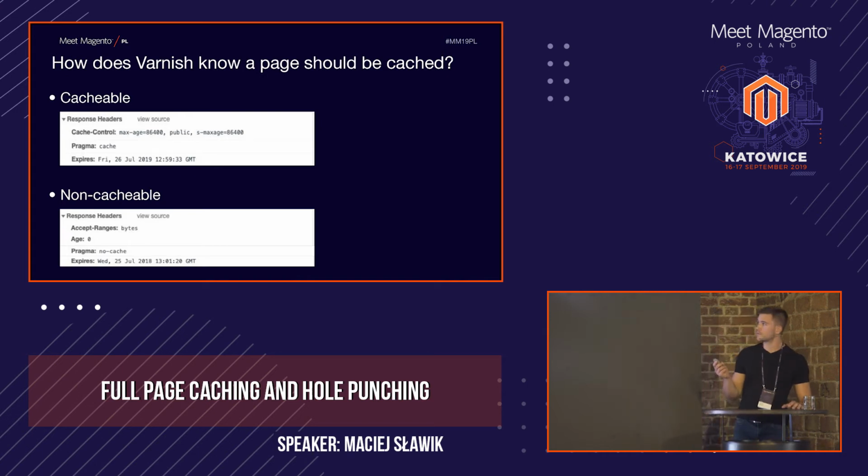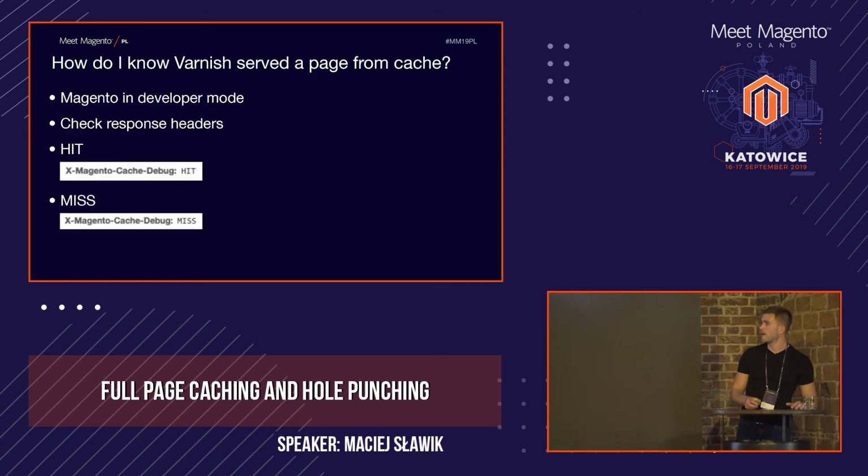Now, something more important for a developer. How do we know if the page was served from Varnish or not? When you are a more experienced developer and you know your website well, you can determine if the page was freshly generated or served from full page cache just by looking at the response times.